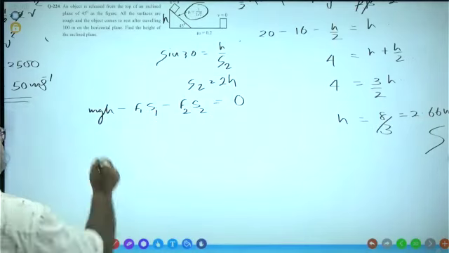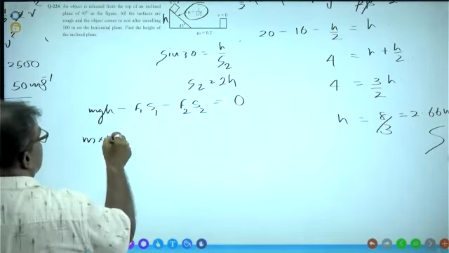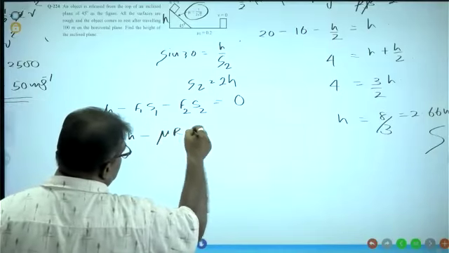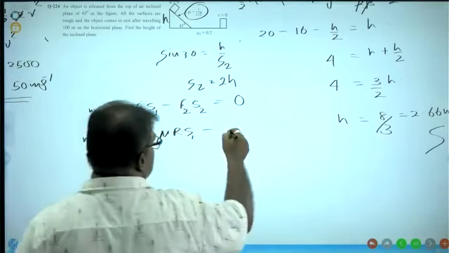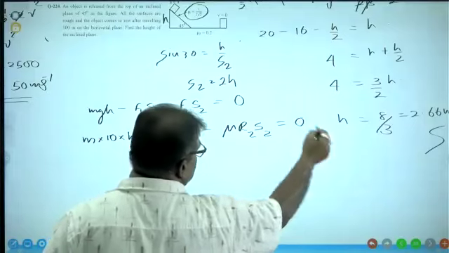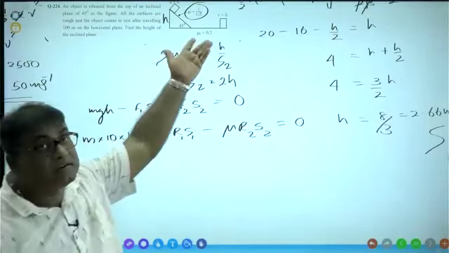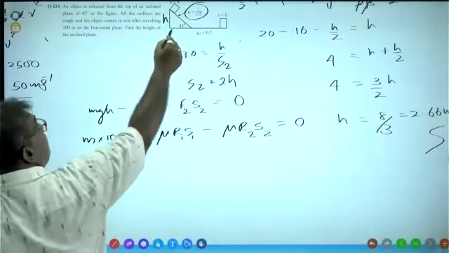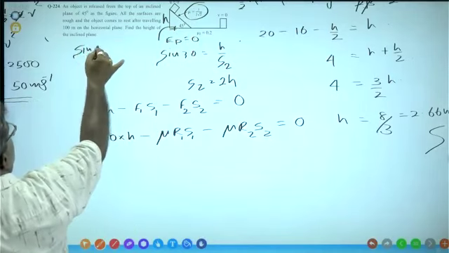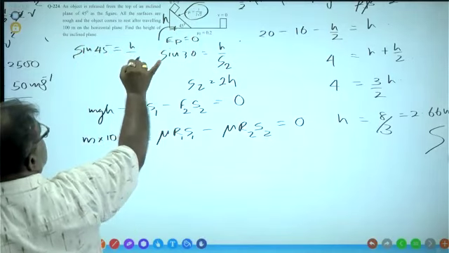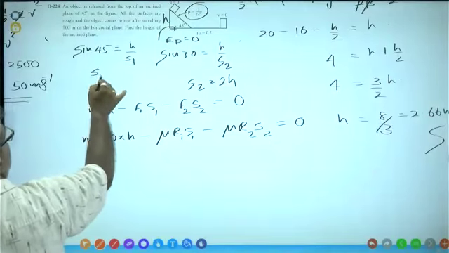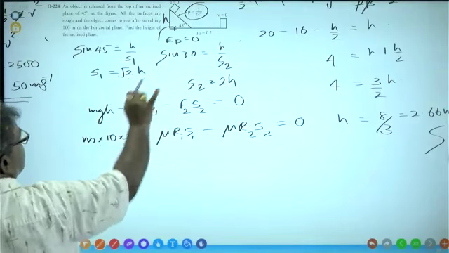Substitution. m g, 10, h to be found, minus mu R1 S1, minus mu R2 S2. The final answer should be 0, there is no kinetic energy and no potential energy. Let this level be the zero potential energy level. Then sin 45 equals h over displacement S1, so S1 becomes root 2 h.